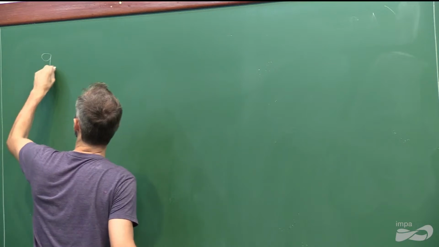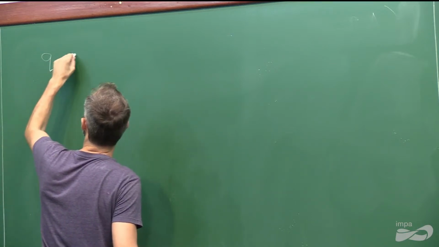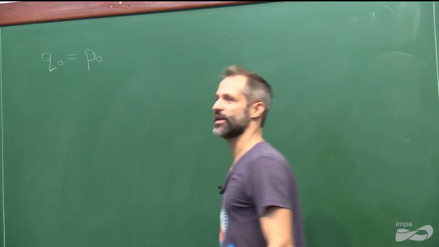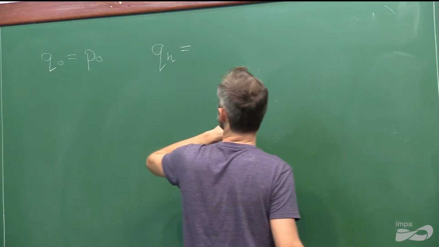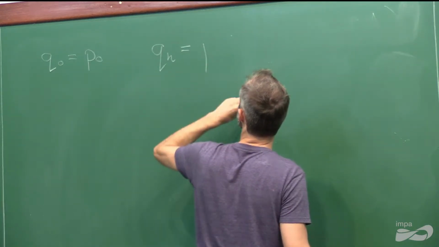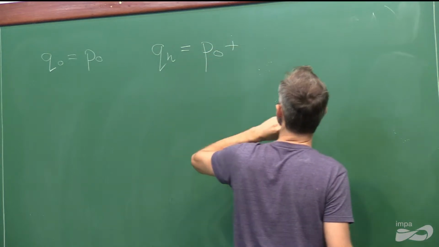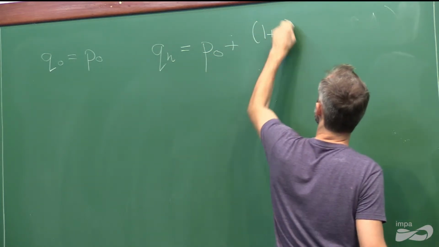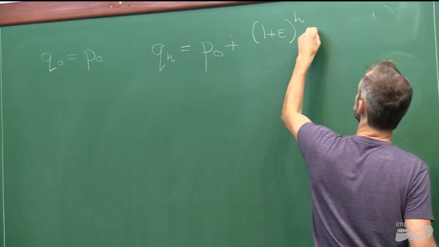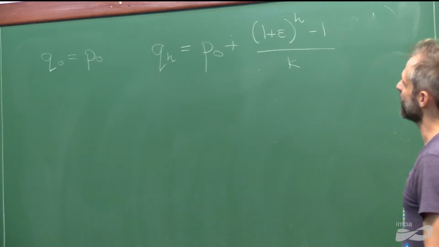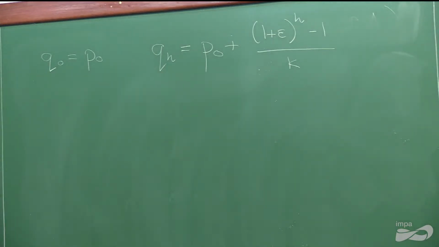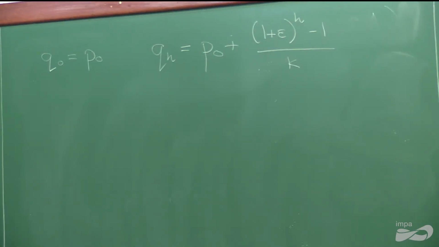Right, so let's put Q0 equal to P0. That's like the initial step. Let's define QH to be P0 plus (1 plus epsilon)^H minus 1 over K. I want to claim, so H is for height, that this is the natural measure of the height we are above 0.